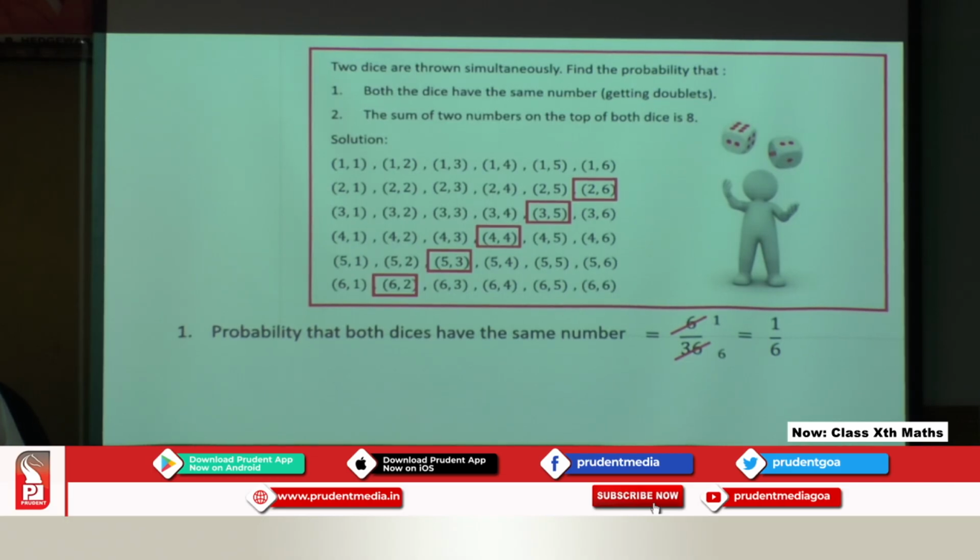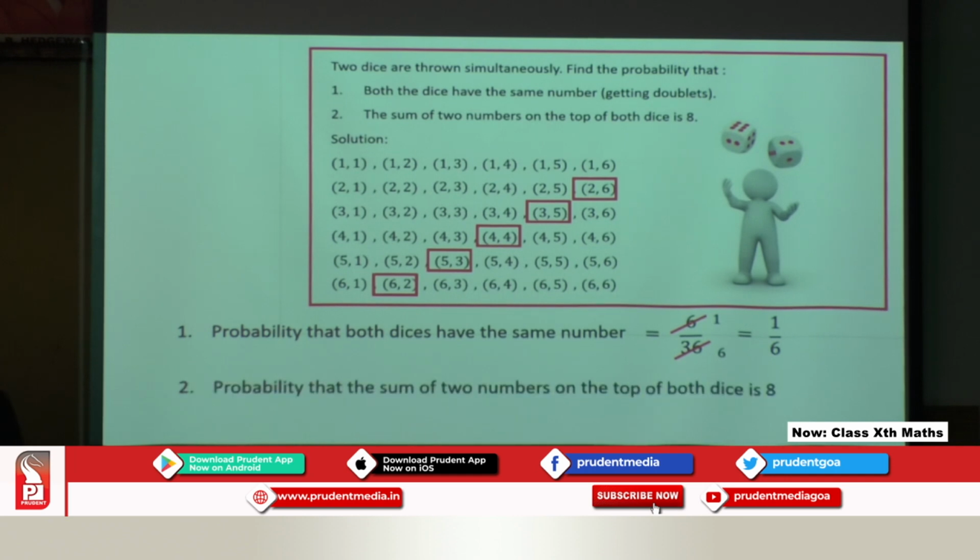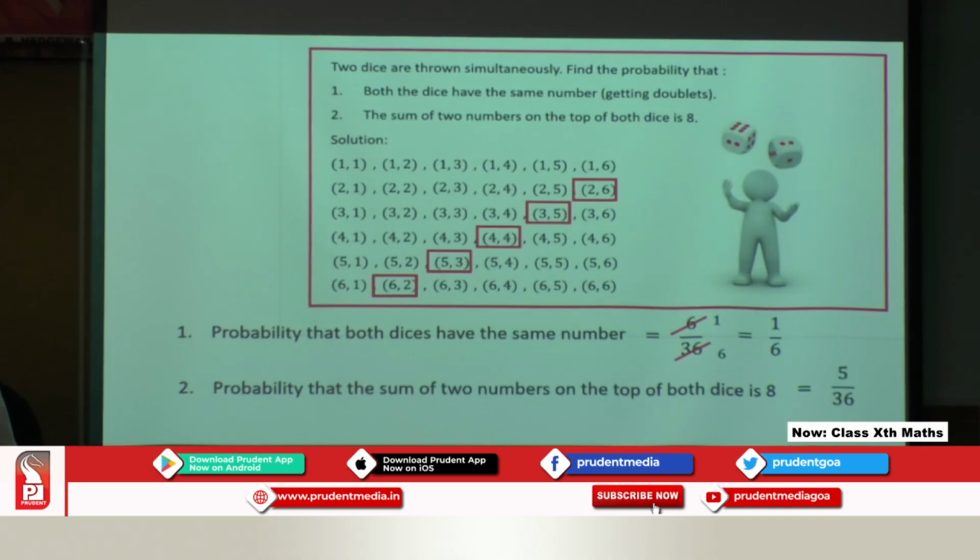That means outcomes favorable to the second case are 5. That is, probability that the sum of two numbers on the top of both dice is 8 equals 5 upon 36.